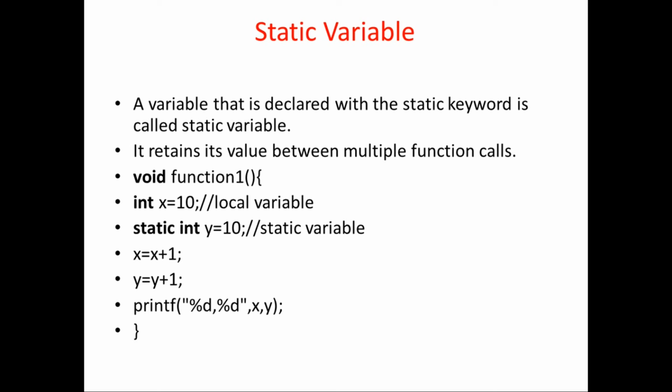So, void function 1, within the curly braces they have declared int x equal to 20, which is considered a local variable, and static int y equal to 10. To differentiate a local variable from a static variable, we use the keyword called static.